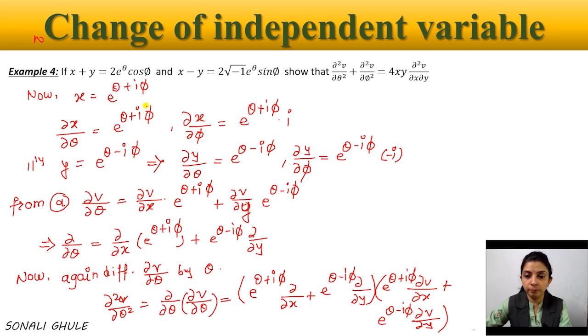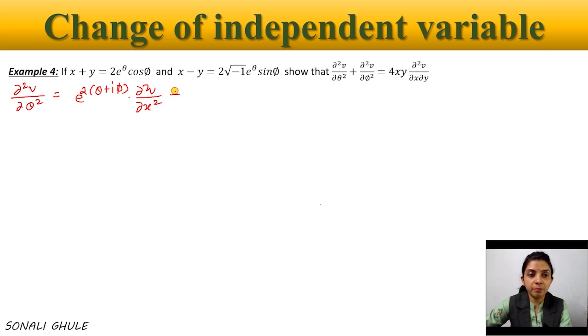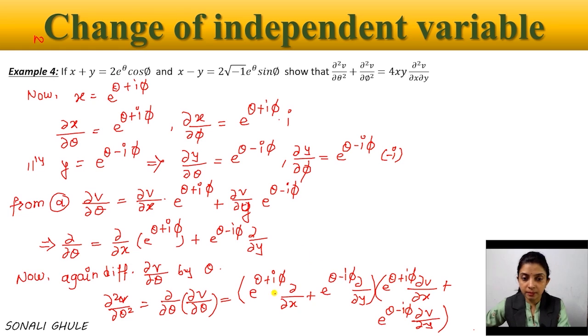Then what will I get here? Plus 2, yes, e to the power theta plus i phi into e to the power theta minus i phi, right?